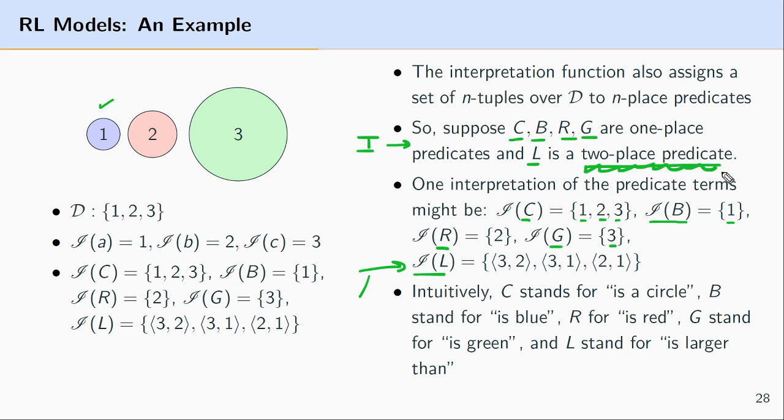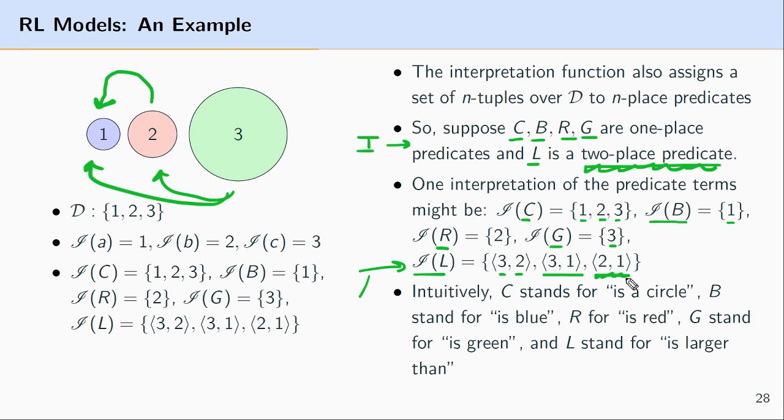So since 3 is larger than 2, it selects this ordered pair where the first object is larger than the second one. We also note that 3 is larger than 1. This third circle right here is larger than the first one, so it's going to pick out this ordered pair as well. And since this second circle right here, this red circle, is larger than the first circle, it's going to pick out this ordered pair where circle 2 is larger than circle 1.